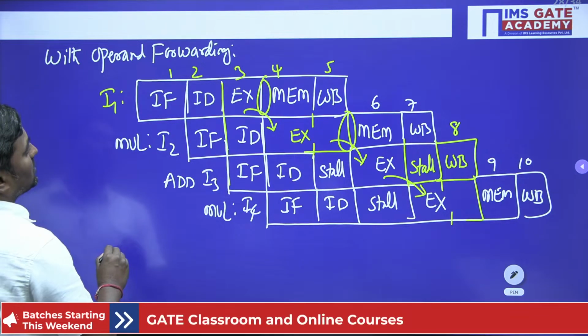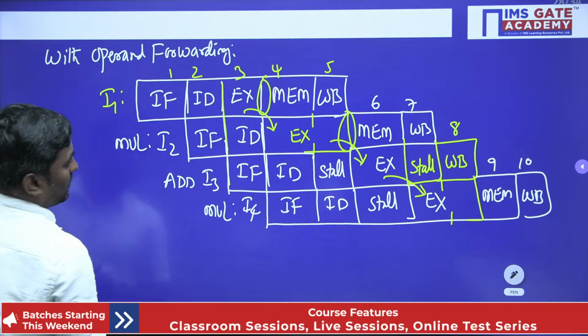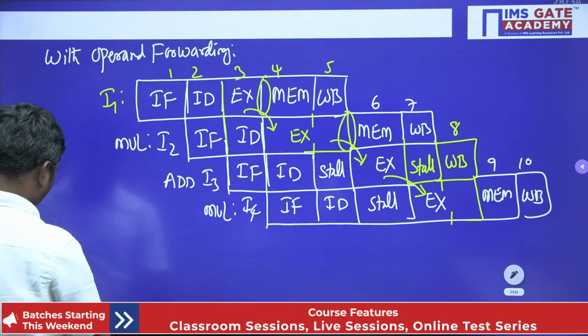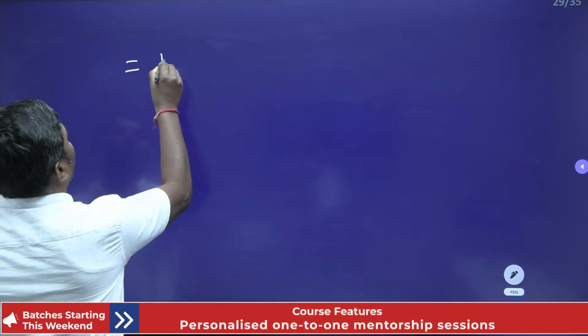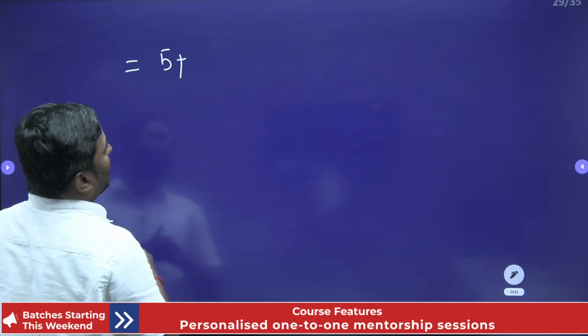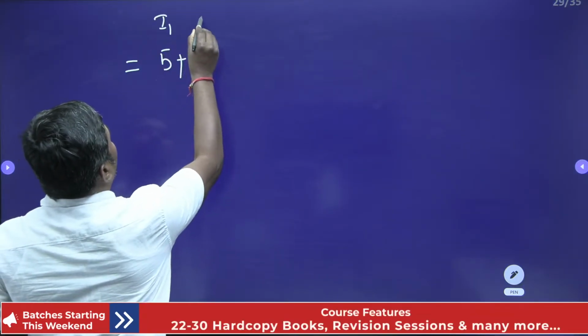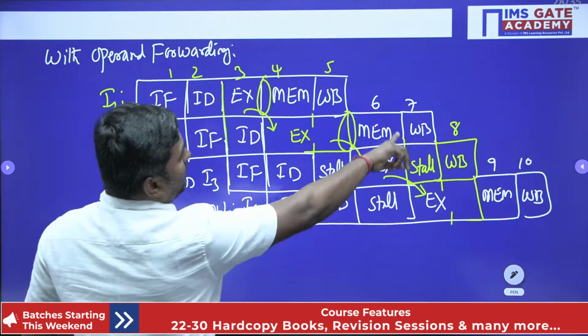Then tell me how many clock cycles. See, the first instruction, I1, takes 5 clocks. I'll mark it here. Yes or no? 5 only? 5 clocks. Then the second instruction, the multiplication, takes an extra 2. Extra 2 only? Extra 2.